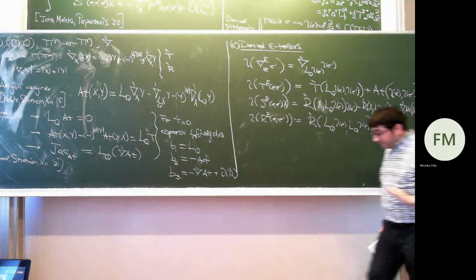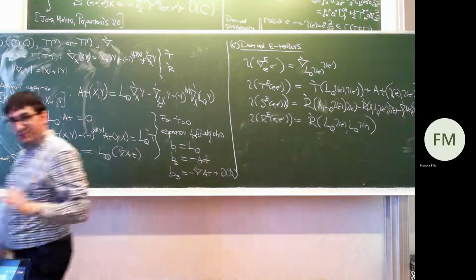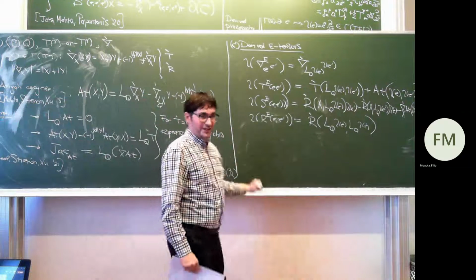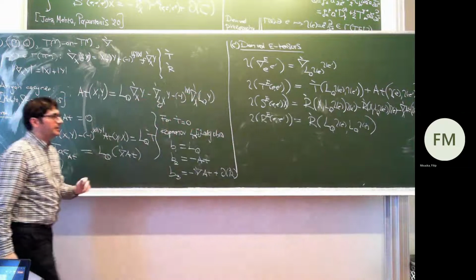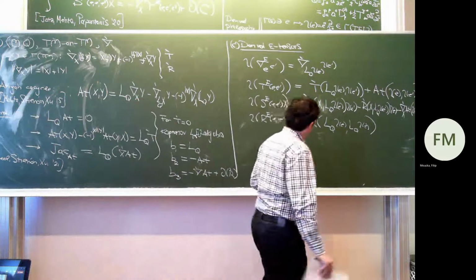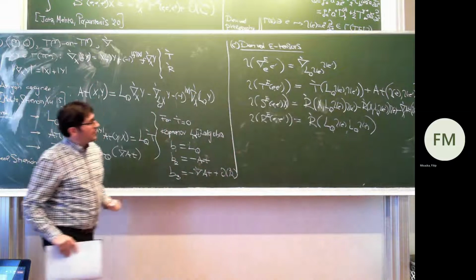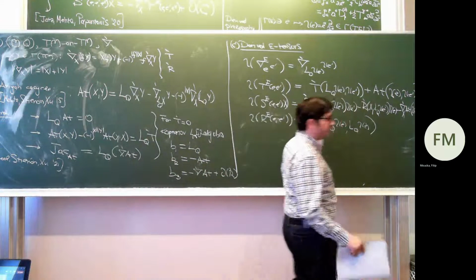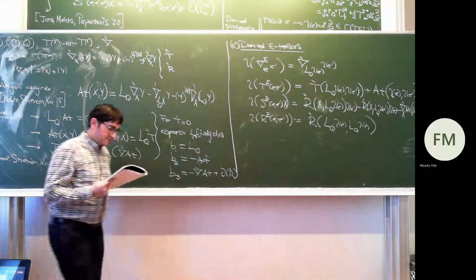Now, you can play this game for Courant algebroids also. I'm not going to do it here, but it's a bit more tricky. If you're interested, anybody can ask me later to discuss it in detail. Okay, so this is the role of the Atiyah cocycle in deriving tensors for Lie algebroids.